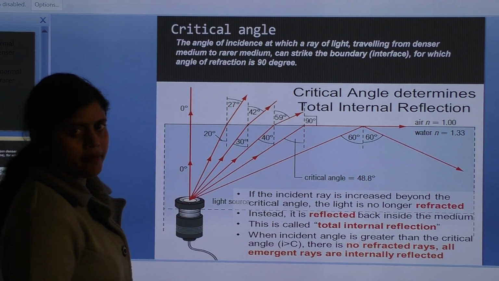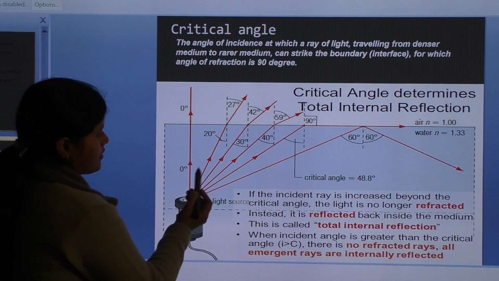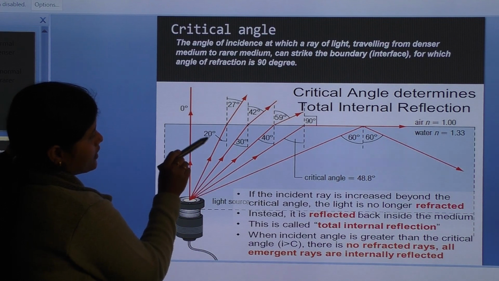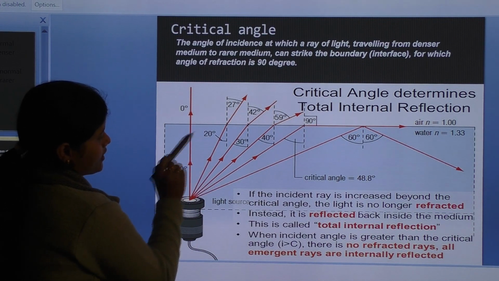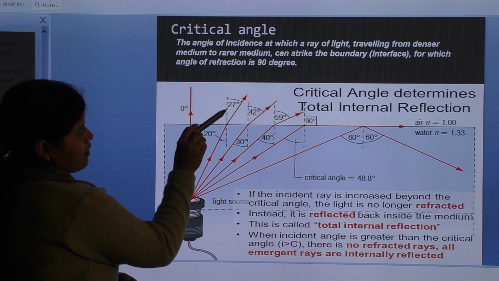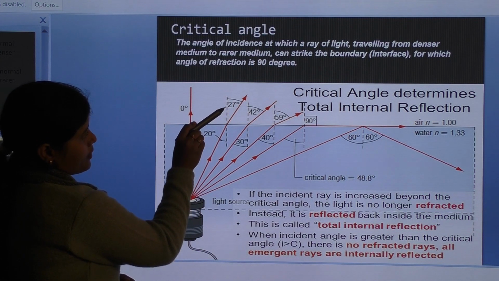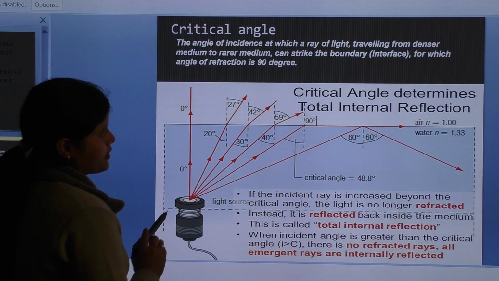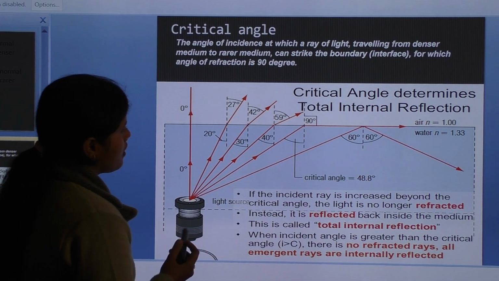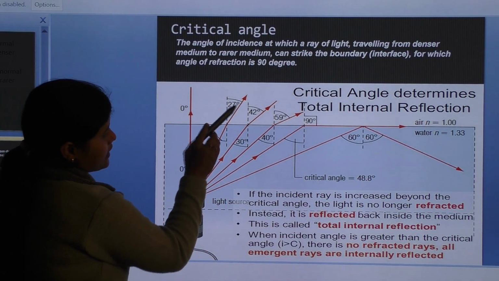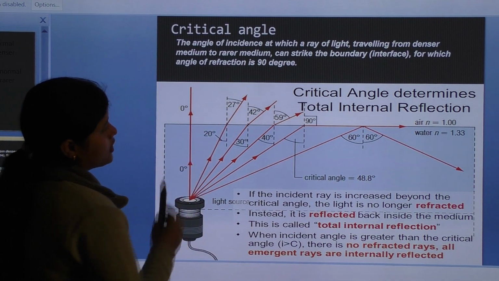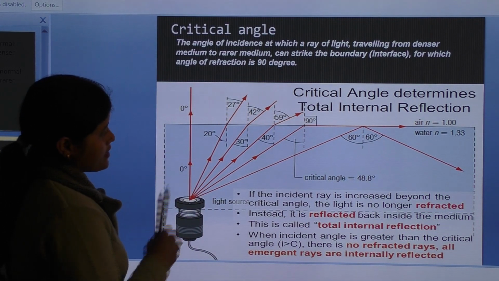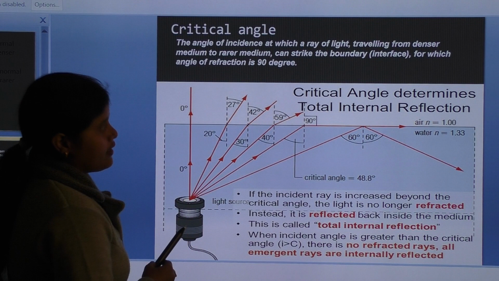So it doesn't bend. In the next ray, the incident angle is 20 degrees, and the angle of refraction is found to be 27 degrees. So now you see it has bent slightly away from the normal as it is traveling from a denser to a rarer medium.